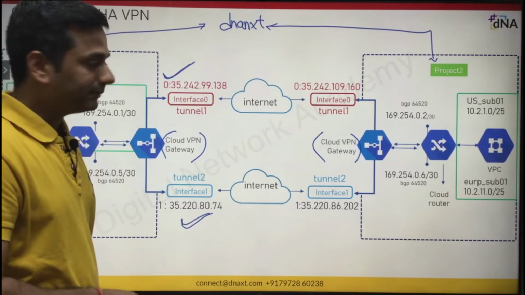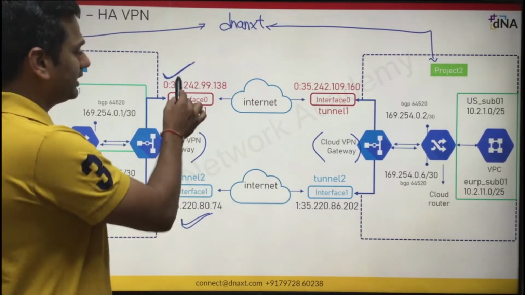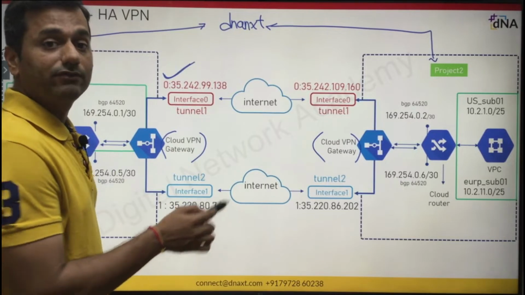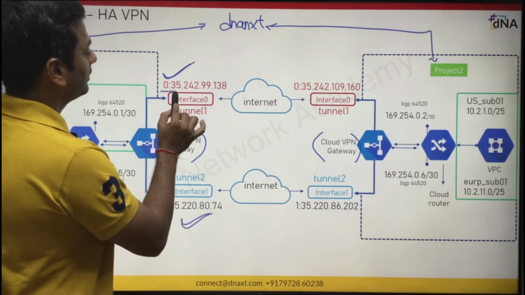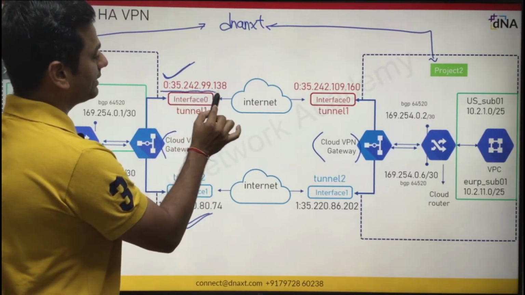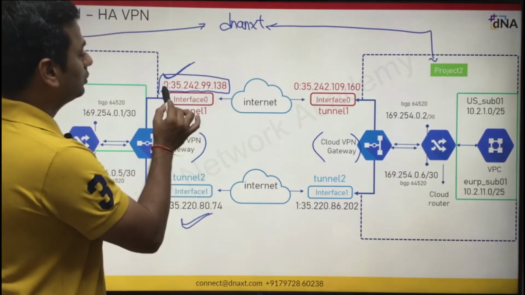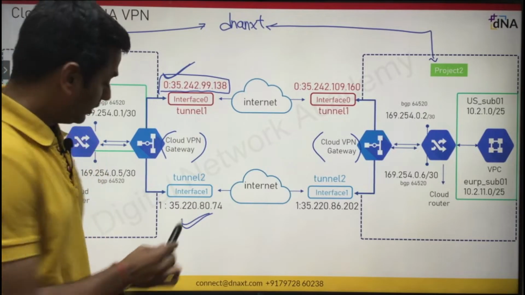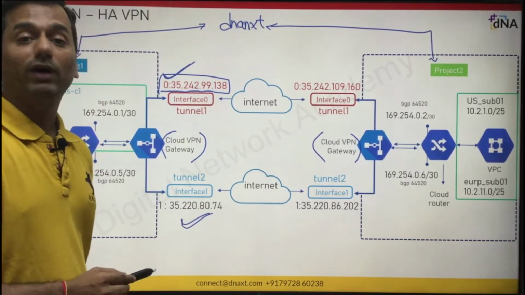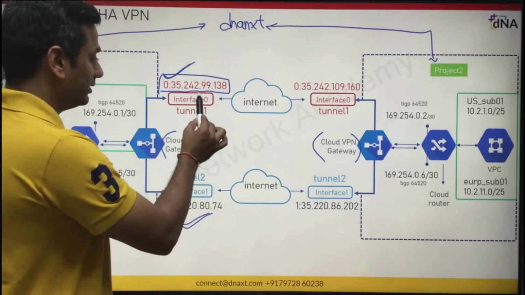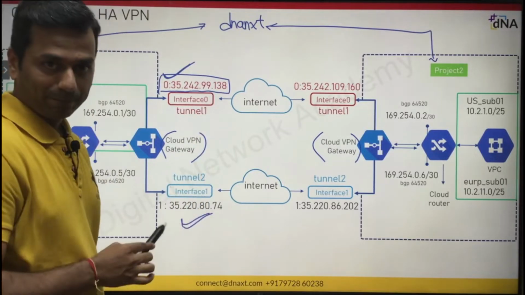Your IP address will look like this: 0:35.242.99.38. This is something I captured when I did the practical. So 0: means interface 0, 1: means interface 1. Make sure the interfaces are 0 and 1.